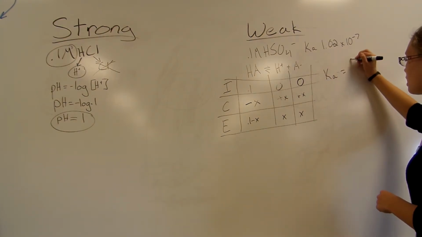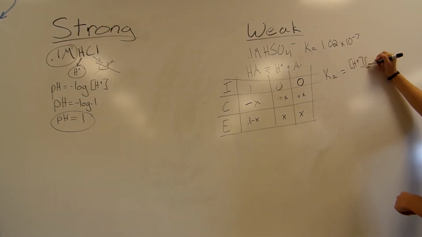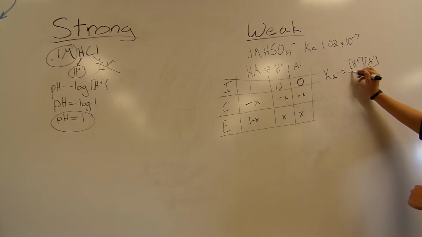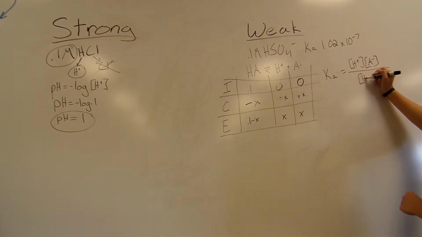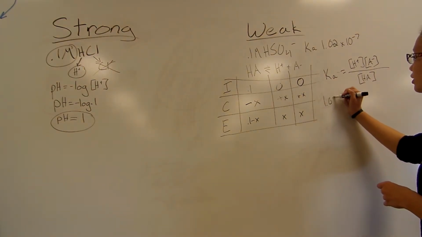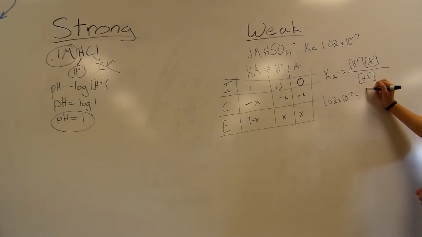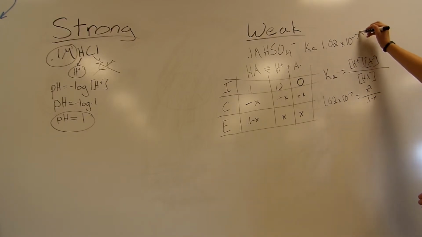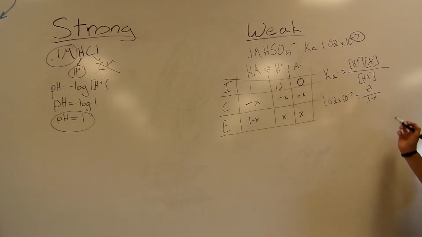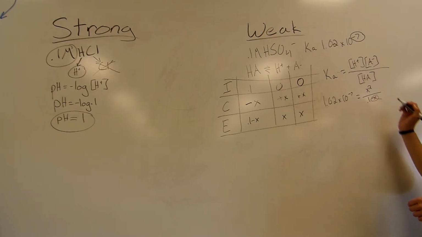Ka is equal to the concentration of H plus times the concentration of A minus, those are our products, over the concentration of HA, which is our reactant. So if we plug that in, we have 1.02 times 10 to the negative 7th is equal to X squared over 0.1 minus X. Because this right here is a negative 7, and 7 is bigger than a negative 5, we can assume that this X is going to be really small, and so we won't have to worry about it.